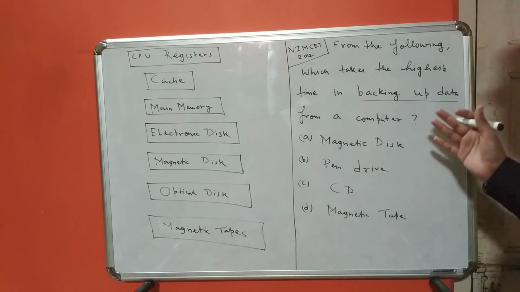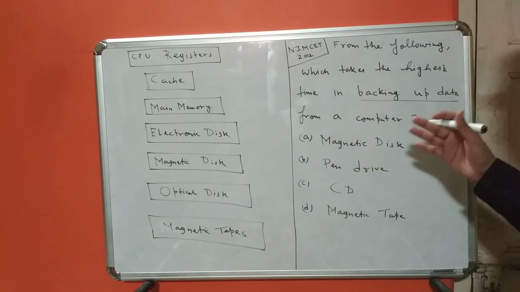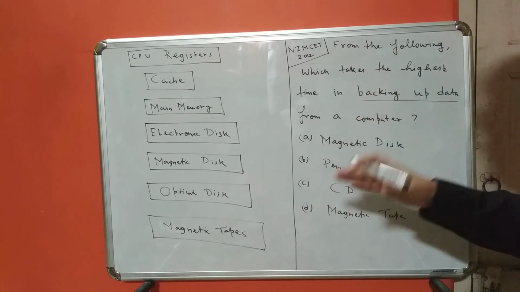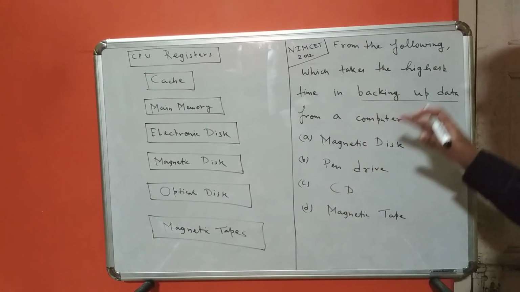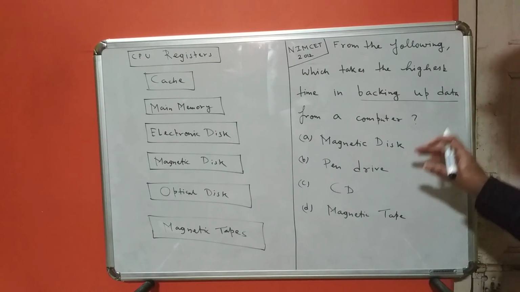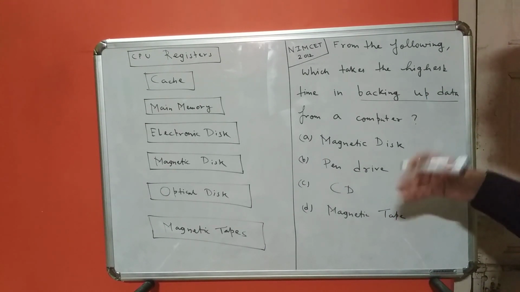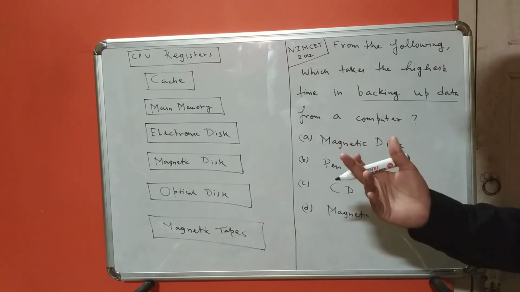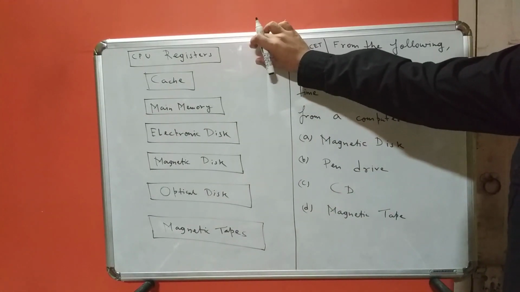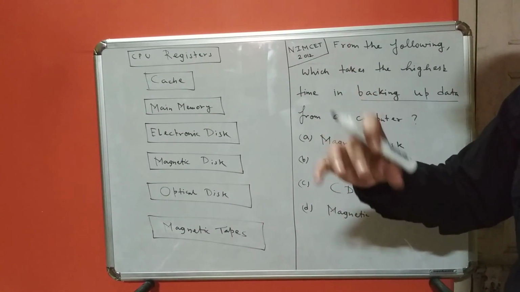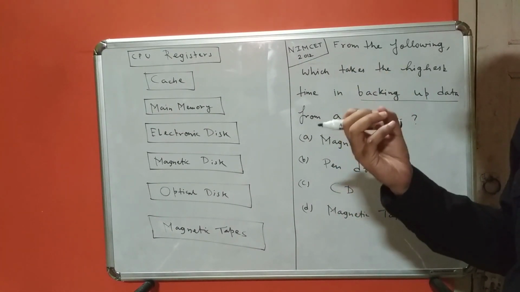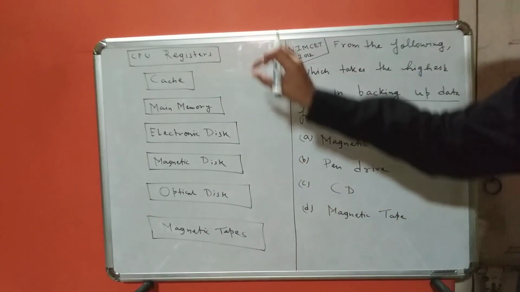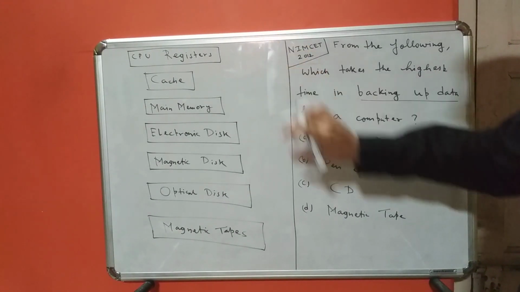Here they are asking which will take the highest time in backing up data. That means, from the given options, which memory block will have the maximum access time. The lower the access time, the faster the operation, right? In CPU registers, the access time is the least. Time taken to retrieve a byte or a word from a CPU register is the least, so its operation is the fastest.